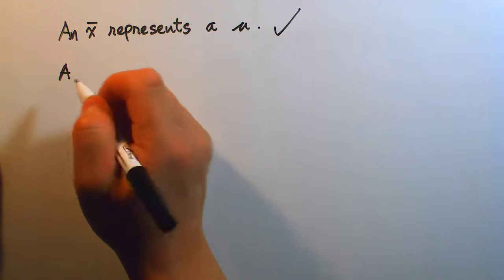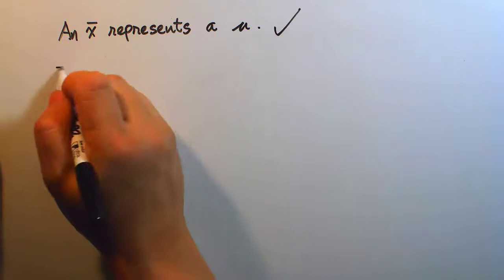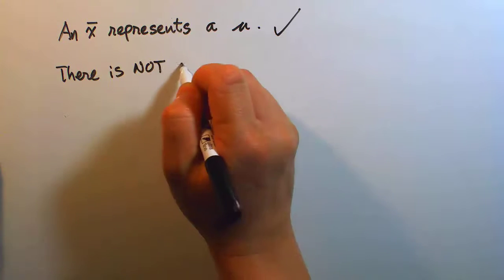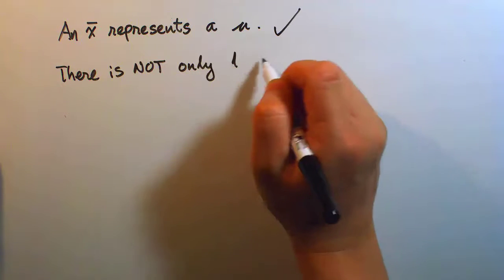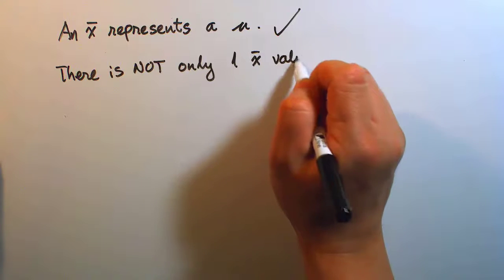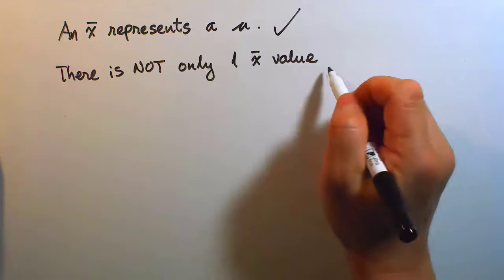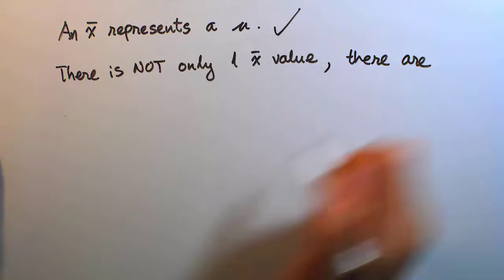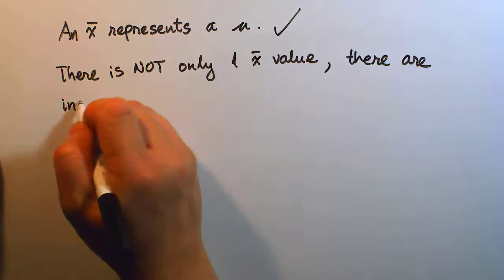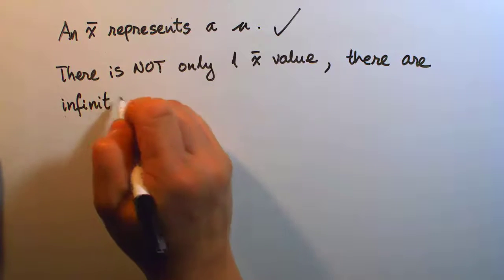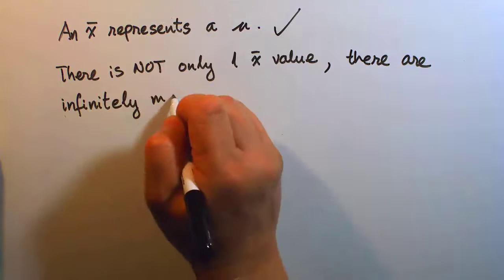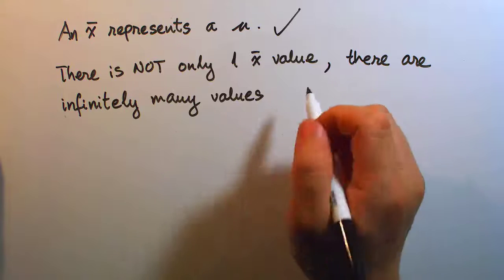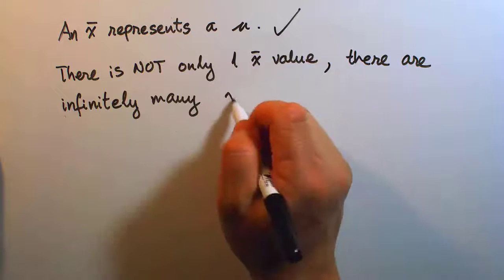So bottom line, there is not only one x bar value. There are infinitely many x bar values.